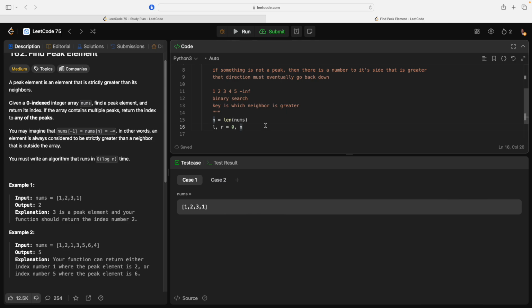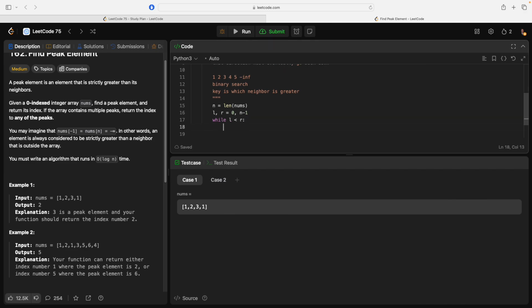I think we have to. Okay, so now we say while L is less than R, mid equals R plus L divided by 2. We wrap that up for clarity's sake. It would work the same, I believe.